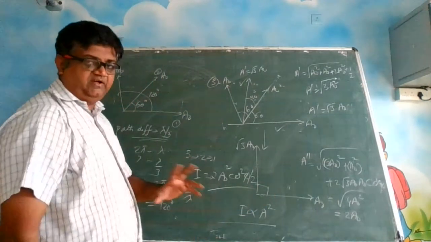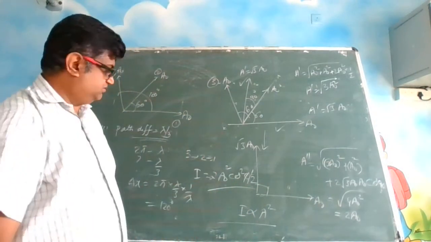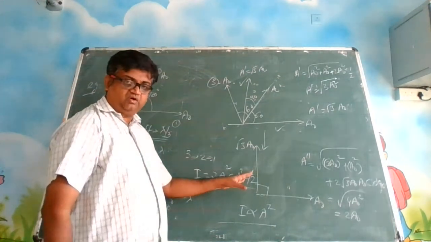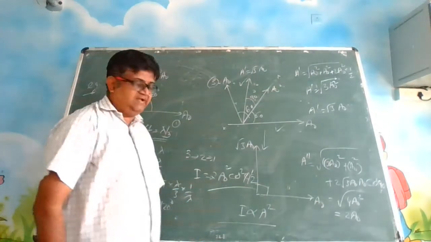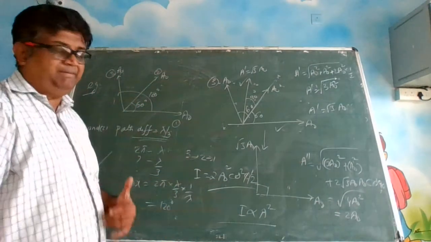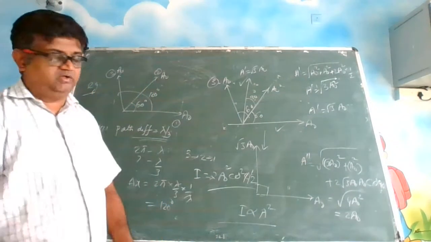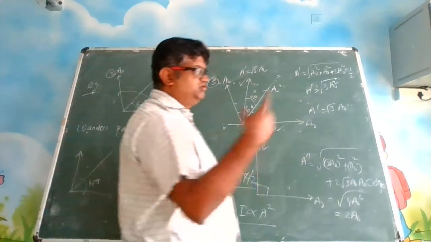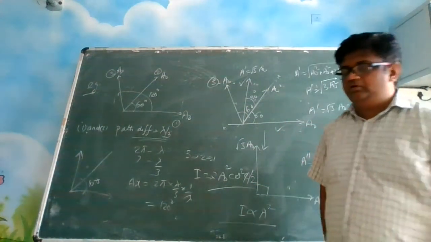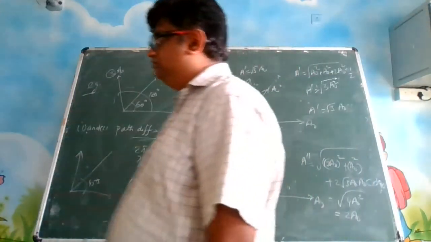Once you take the resultant, we have done this one. You see here 2 cos square phi by 2, they are constant. I is proportional to a0 square. Okay, that is why for comparison purposes, we keep writing I is proportional to amplitude square. Once you get the amplitude value, square it, it is proportional to the I value. Remember this point very well. It is useful many times while doing numericals. Okay.